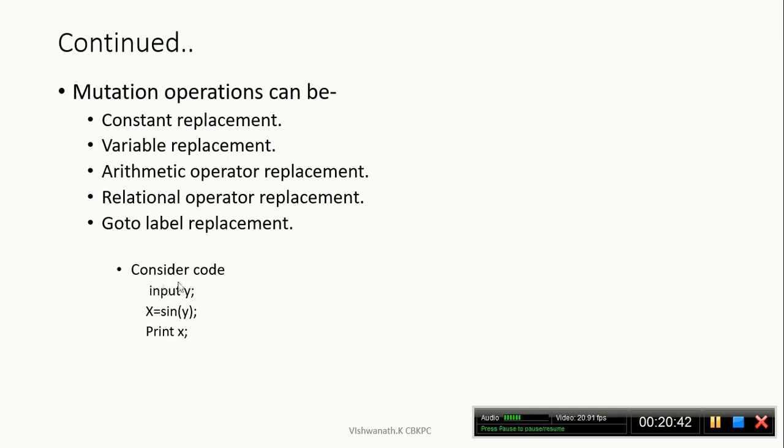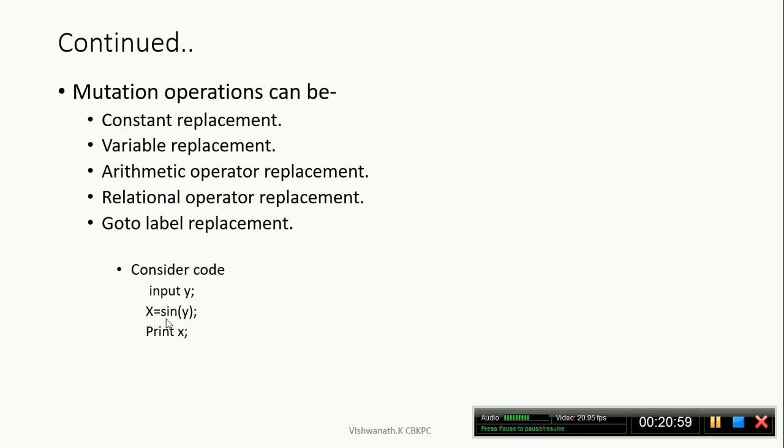Next, for example, we have a code snippet of three lines. Here we read some value from the input y, and we assign x the sign of y, meaning we calculate the sign of y. Imagine there is a problem within the sign function. The statement is an assignment, x is assigned the sign of y.